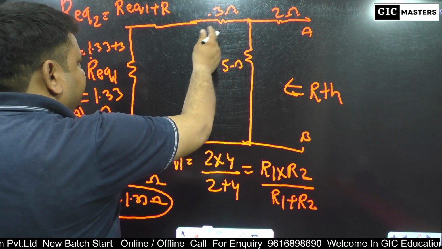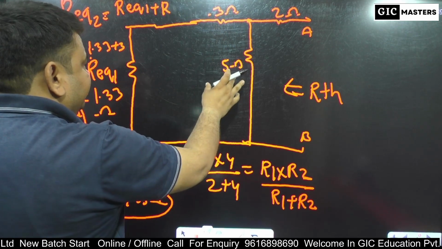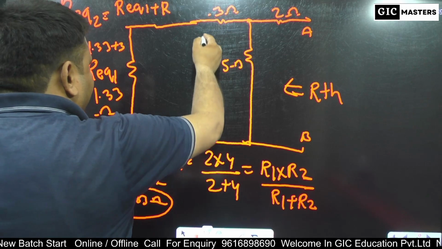Now this 4.33 ohm is connected with 5 ohm in parallel.